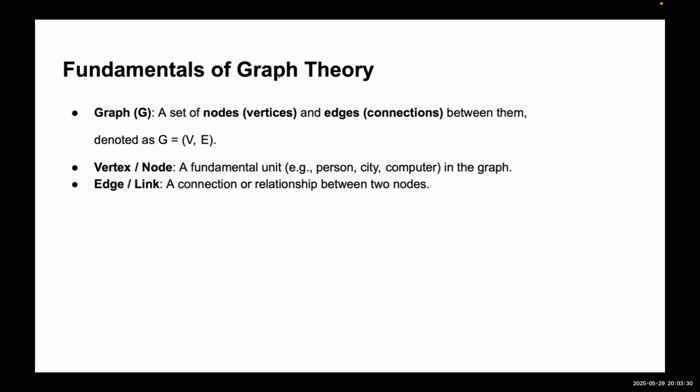Such tuples we will have in the set E. Now, a vertex is a fundamental unit. You can think of it as a person in a social network, a city, or a computer in the graph. And an edge, or the link or the connection, is a relationship between those two nodes.